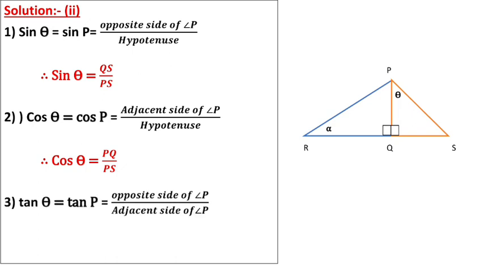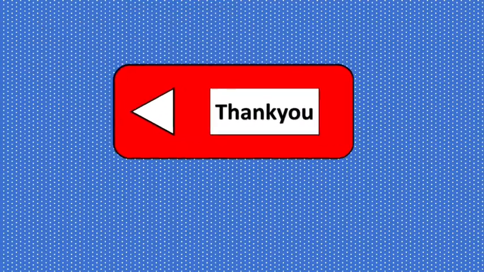Now the third one is tan theta equals tan P. So here it is opposite side of angle P upon adjacent side of angle P. The opposite side of angle P is QS and the adjacent side is PQ. Yes. So here students, we have found three more ratios. Thank you for watching this video.